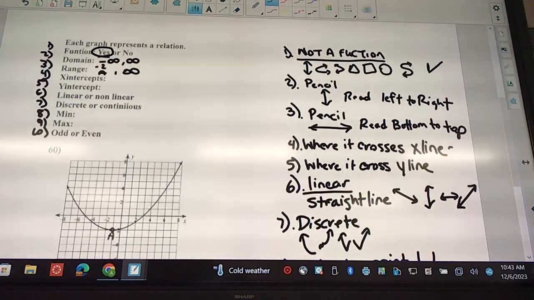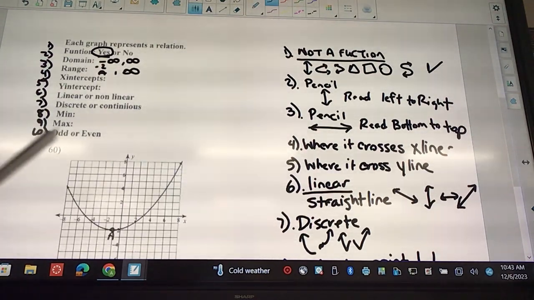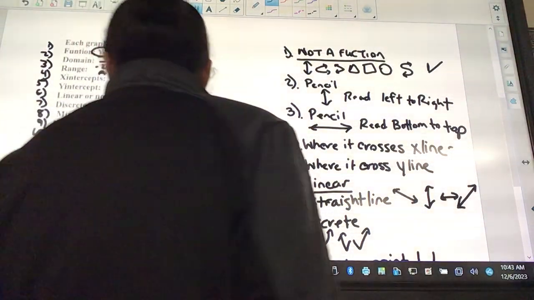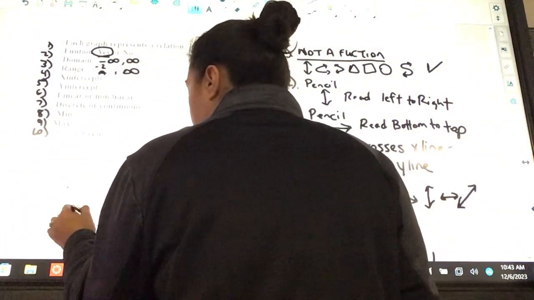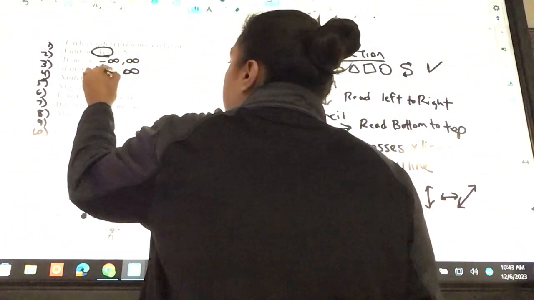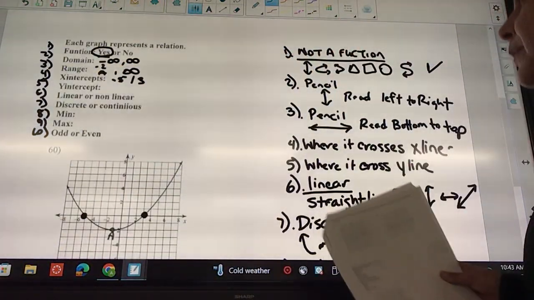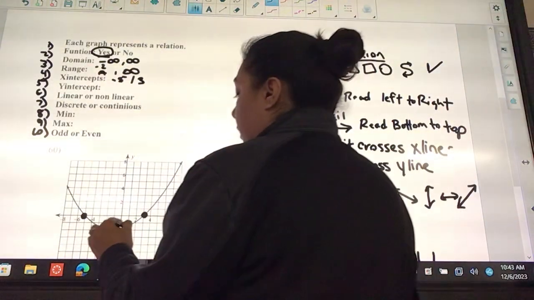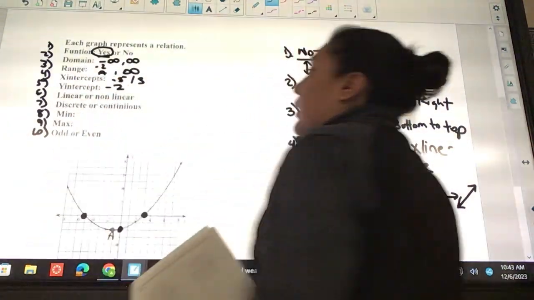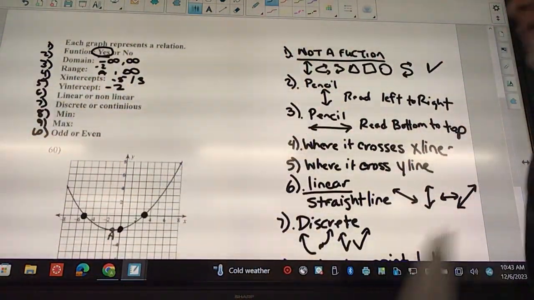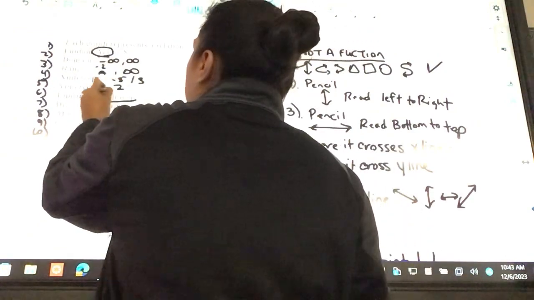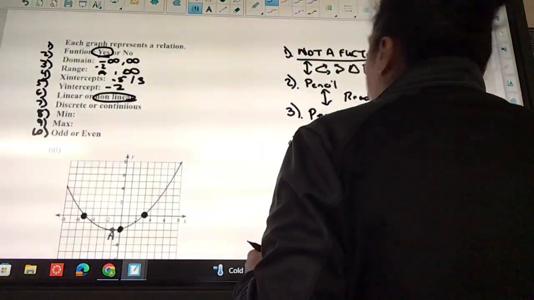The x-intercepts: negative 5 and 3. The y-intercept: negative 2, that's right here. Linear or non-linear? Non-linear. Discrete or continuous?